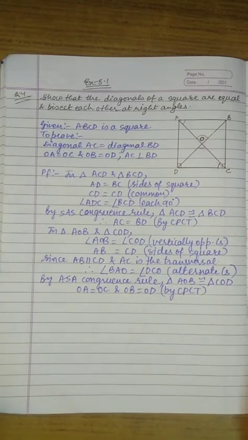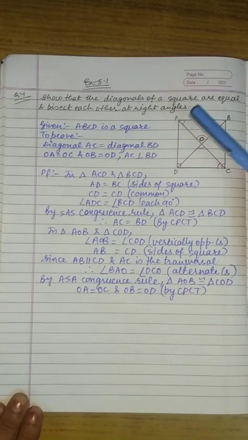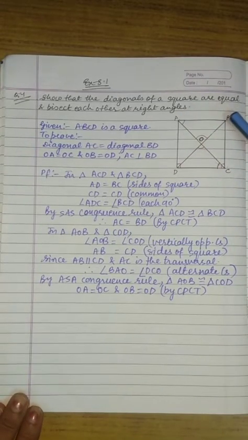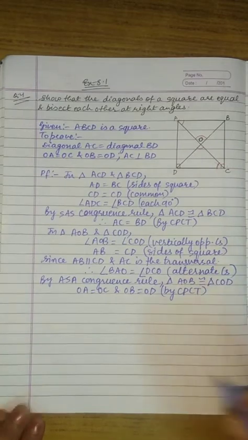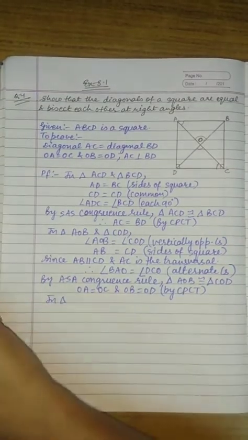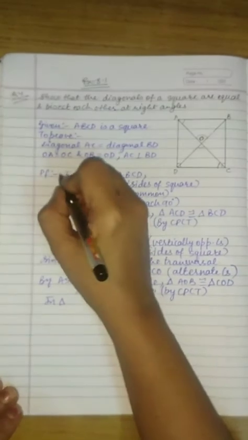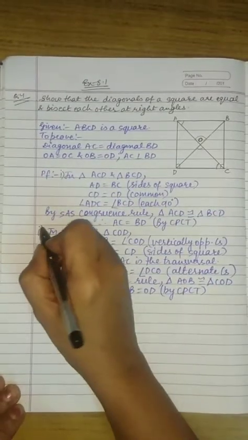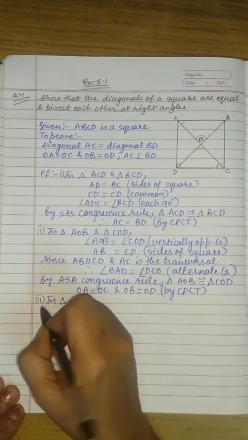Now last we have to prove that they bisect at right angles. So for this we will take two triangles. Again, one triangle AOB and second is triangle BOC. In triangle, here I am writing part 1, then part 2, then part 3.